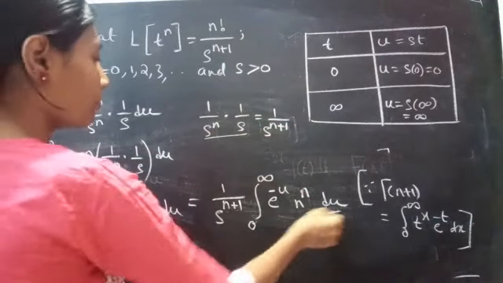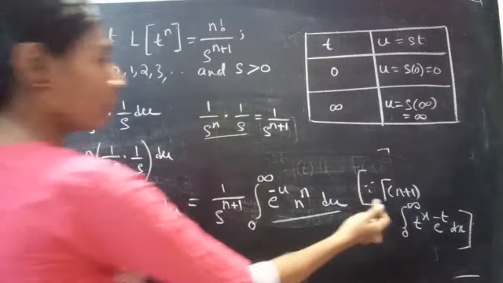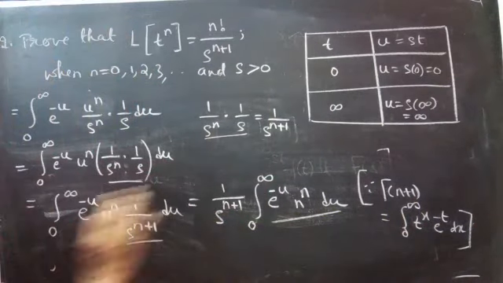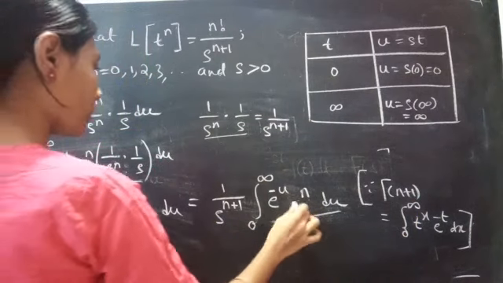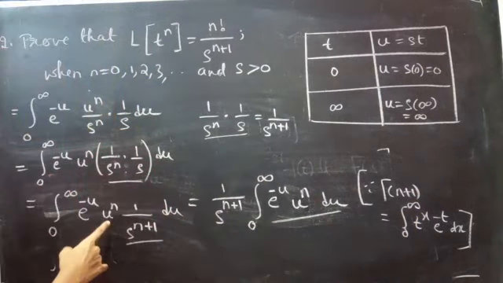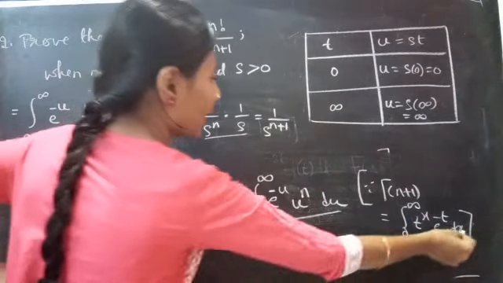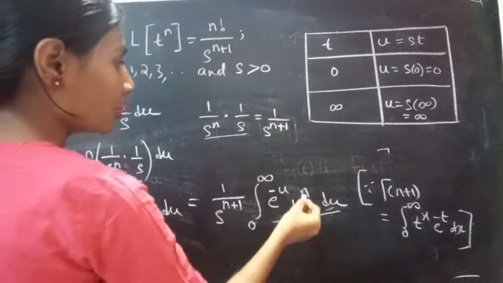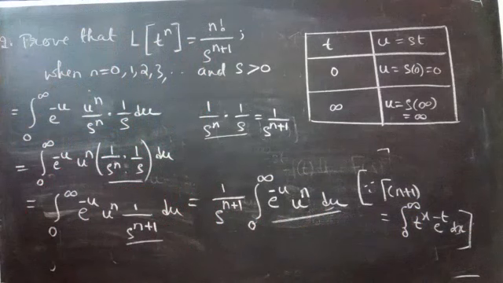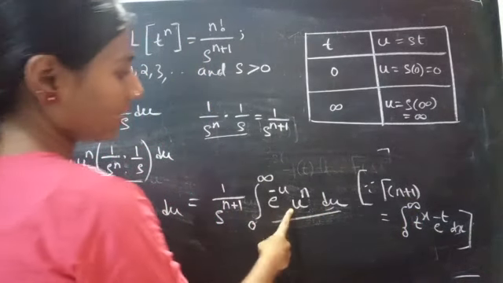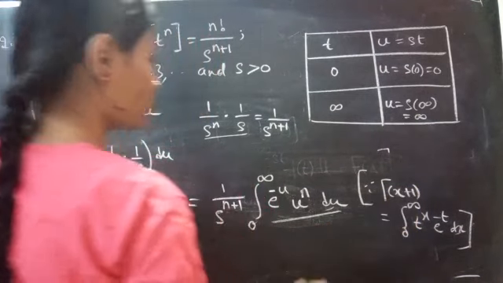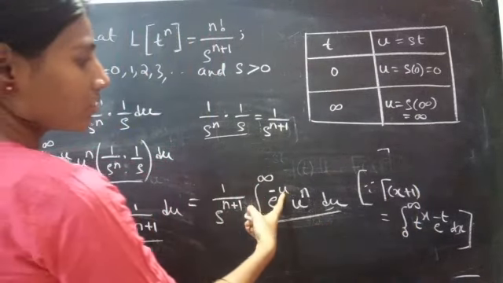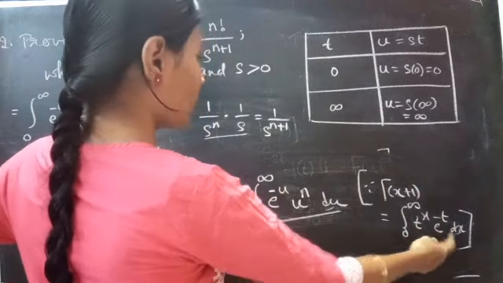Since this is of the form of gamma n plus 1, which is in u, u power n, e power minus u, you're having e power minus t.